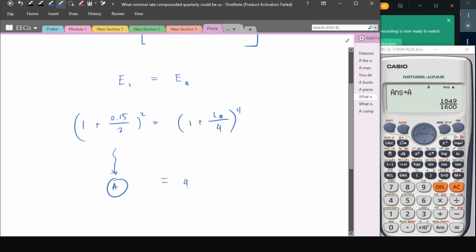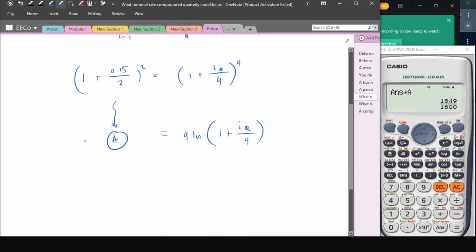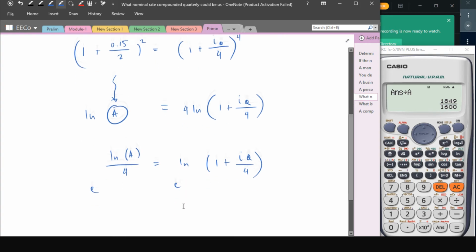Tapos ito, 4 ln of 1 plus i quarter divide by 4. Tapos divide ko ito ng 4. Okay? So, ln na natin to. ln of A divide by 4 is equal to ln of 1 plus i_q over 4. Okay. Raise natin to e both sides.